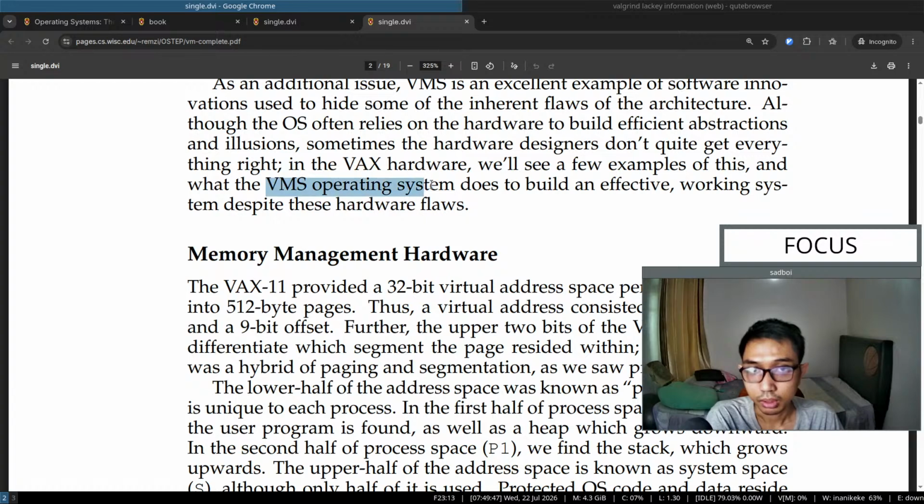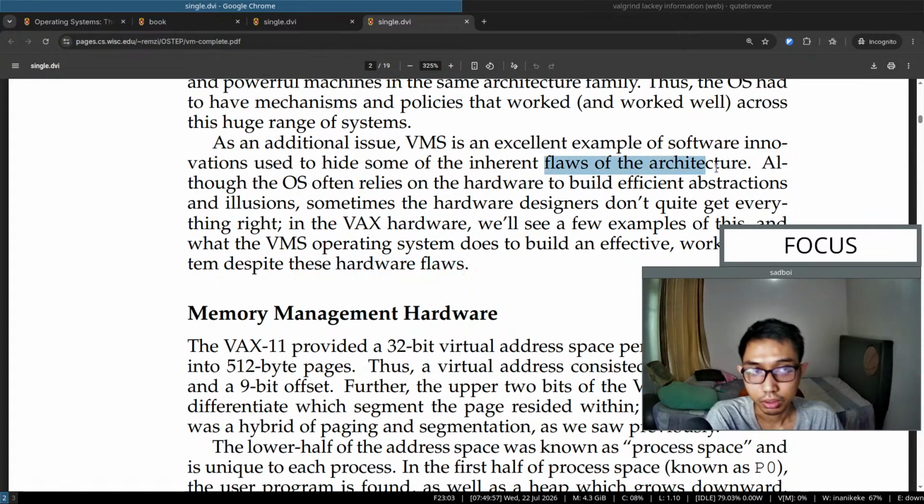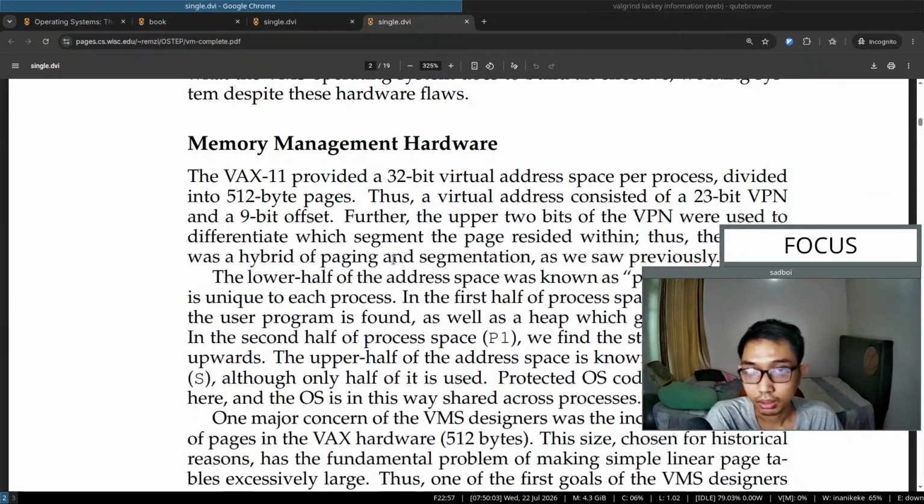So yeah, it looks like the architecture in here means the hardware architecture.